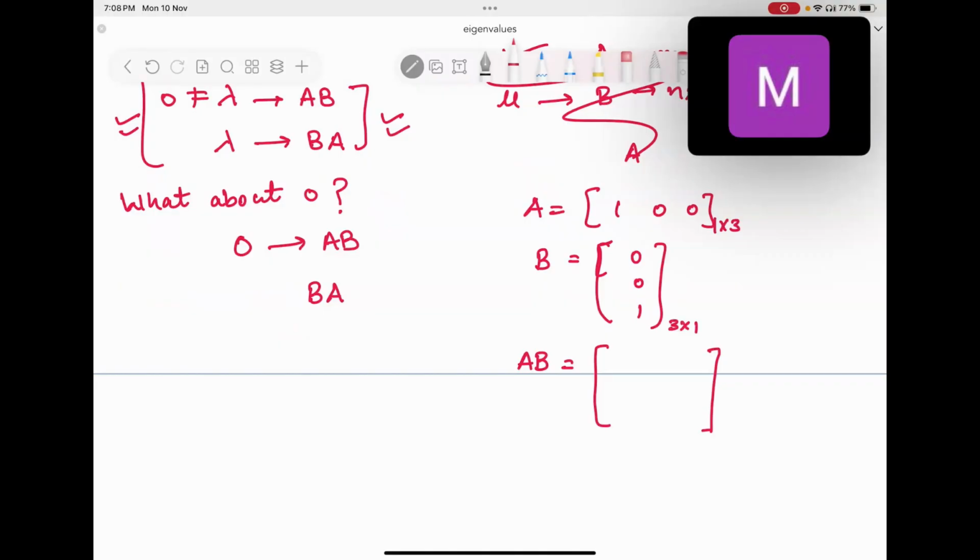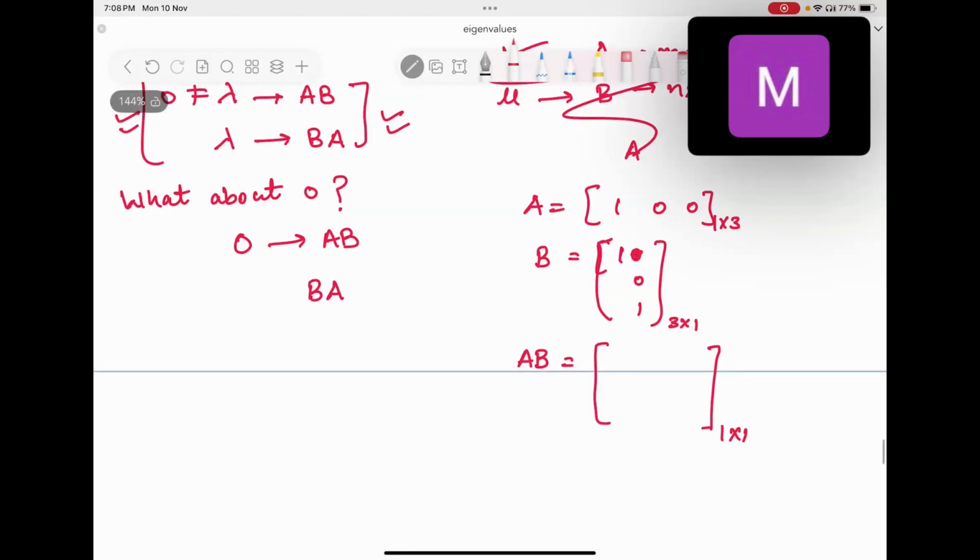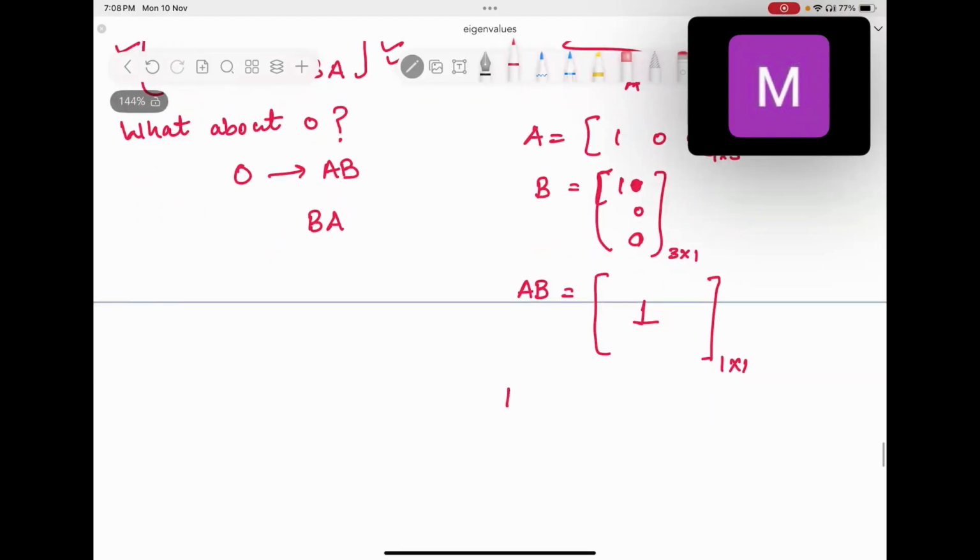So your AB will be a 1 cross 1 matrix, right? It will be 1. Okay. What is BA?